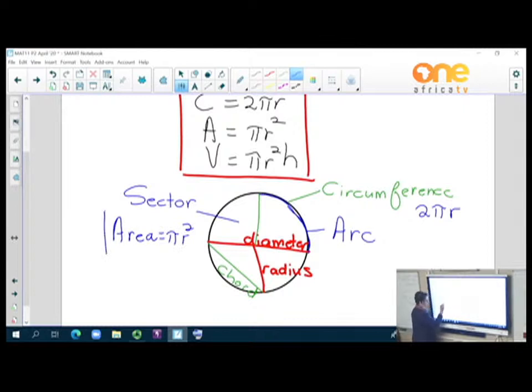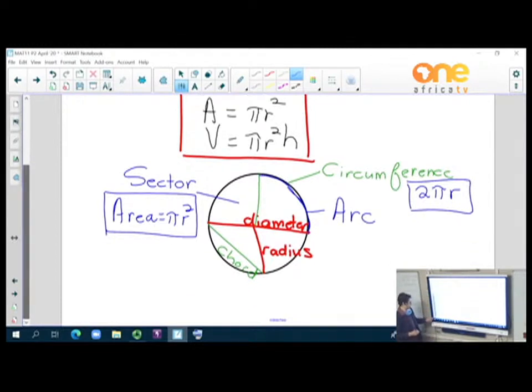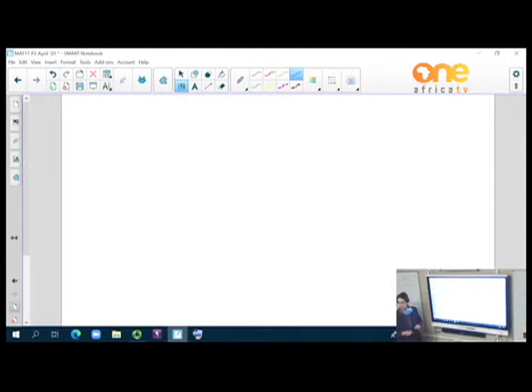This is what we already know. And this is what we're going to use now to calculate that arc length and that sector area. And the last thing that you can write down there is now arc length.